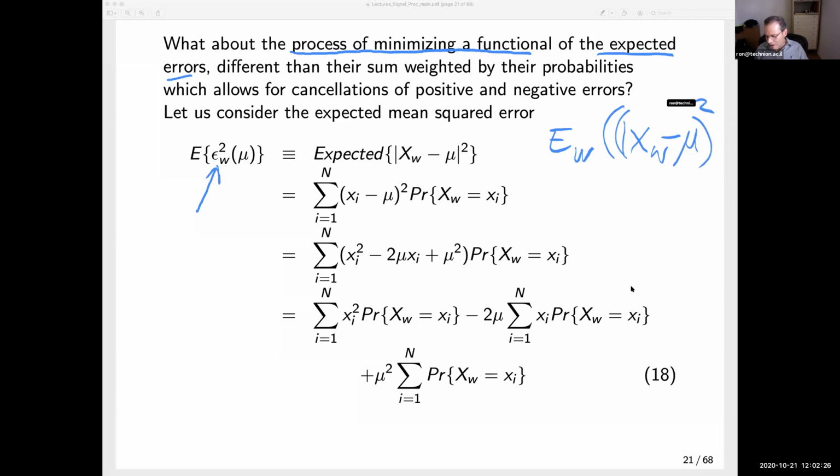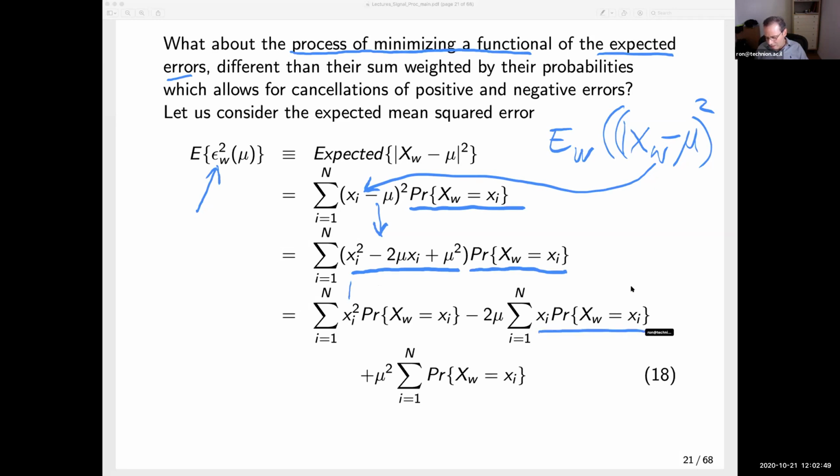We need to multiply this term times its probability, so we can write it explicitly, just opening these expressions times the probability. And what we get is the square of xi here, minus 2 mu times xi times the probability there, and here we have mu squared times the sum over all the probabilities.